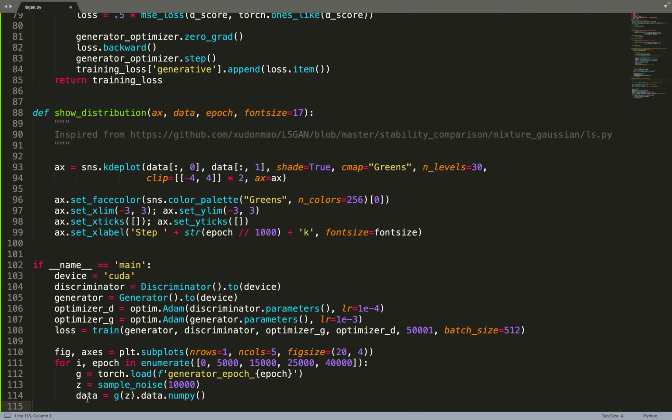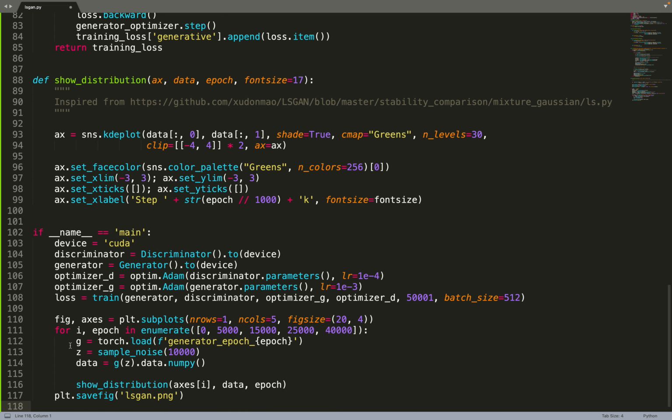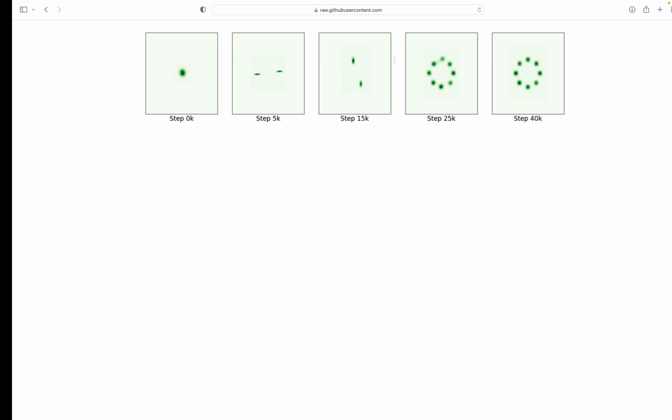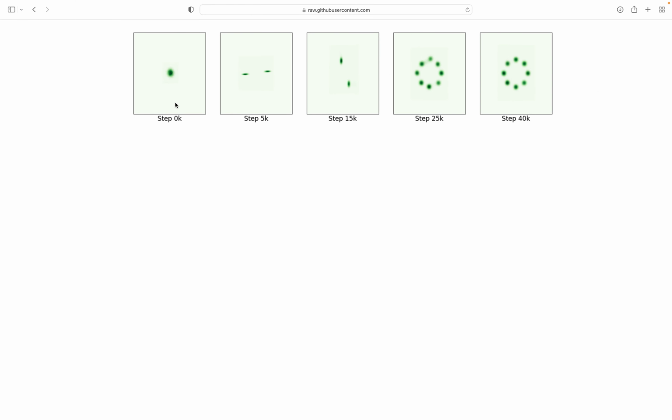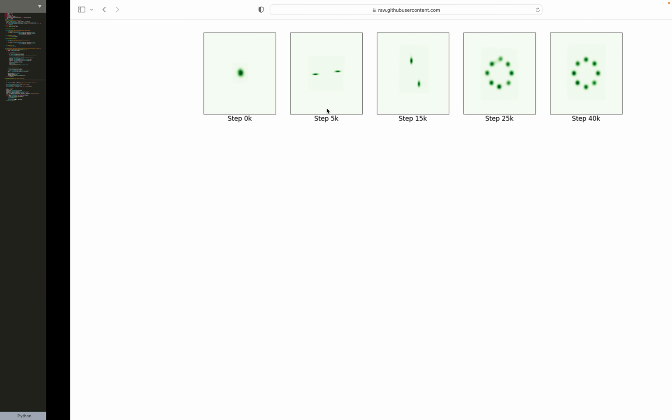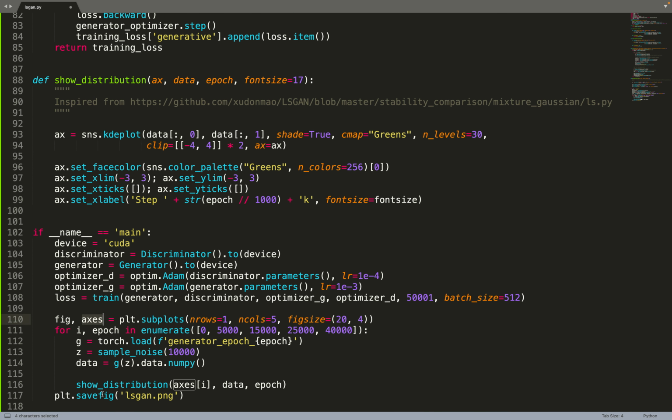That gives us fake data generated by the generator, and then we can feed them to the show distribution function. We've created 5 axes on that figure, and for each of the axes we show the results. So this is what we do. Then we save the figure and we are done.